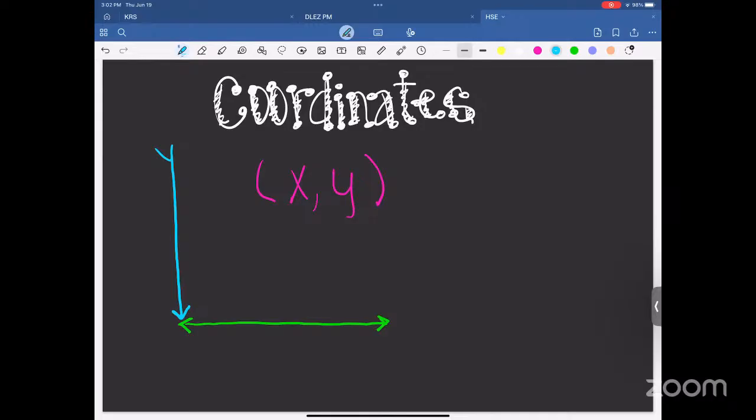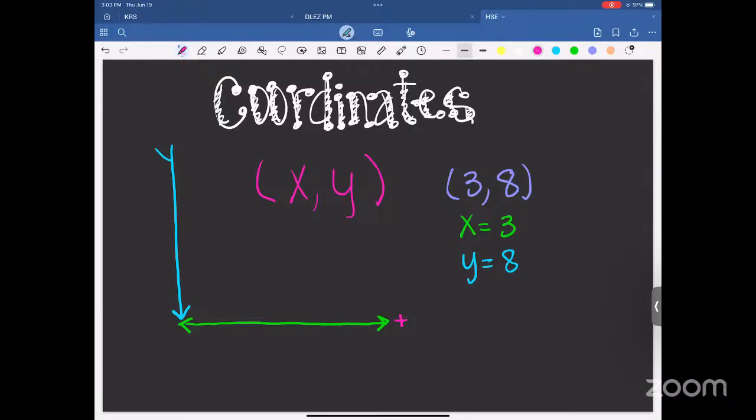So if I had a coordinate where the first number was, give me a number, Krystal. 3. What's my second number? 8. My X is going to equal 3. My Y is going to equal 8. If I am going to the positive side using positive numbers, I'm going to travel to the right.